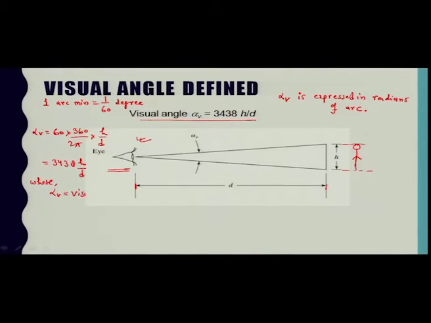Where alpha v is the visual angle, measured in arc minute, and h is the height of the object, which can be expressed in centimeter or inch, and d is the distance from the eye, that may be in inch or so.